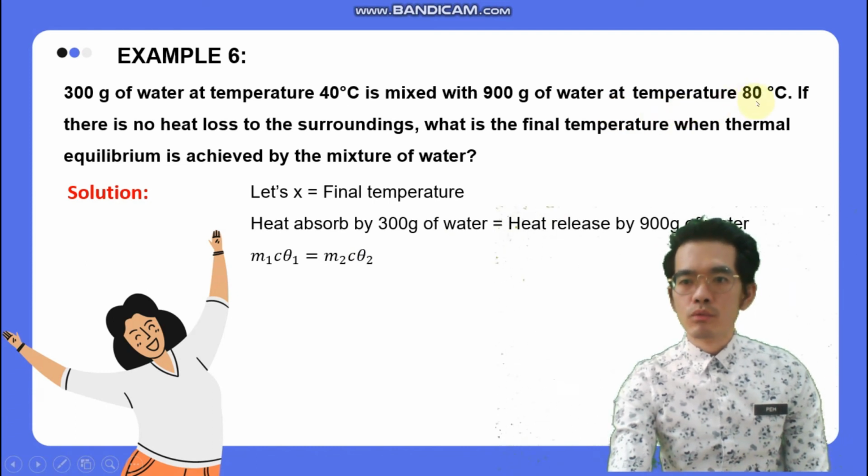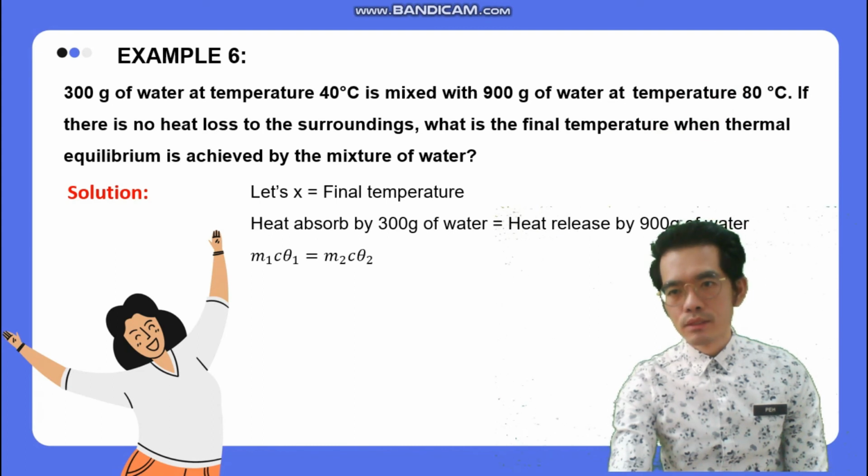The temperature will drop from 80 to X, so the change of temperature here will be 80 minus X.